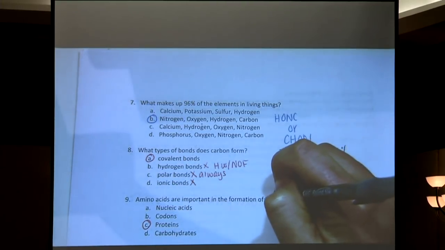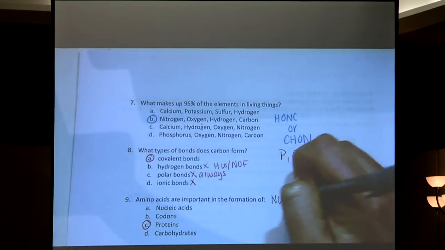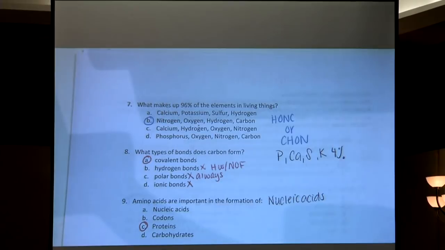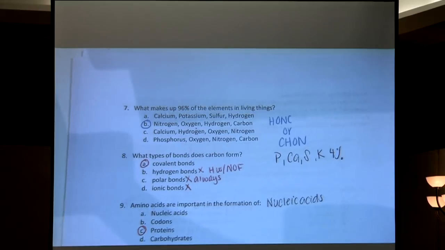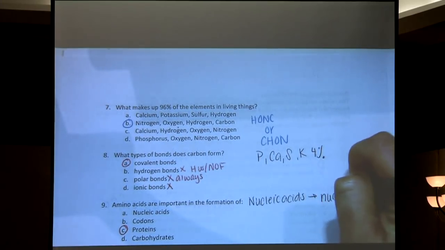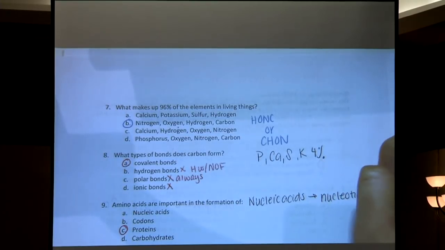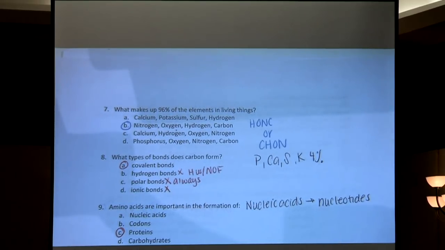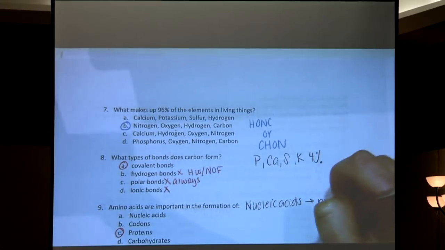Remember that we do have nucleic acids, right? Where do we find nucleic acids, guys? These help create our nucleotides. How about nucleotides? Where do we find those? Thank you. So I got some DNA and RNA.